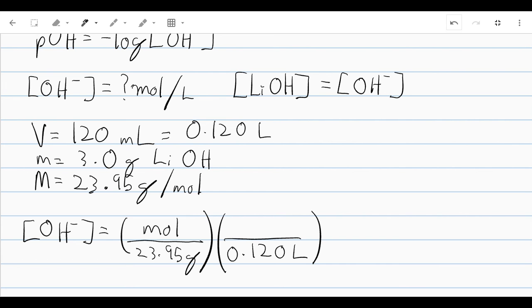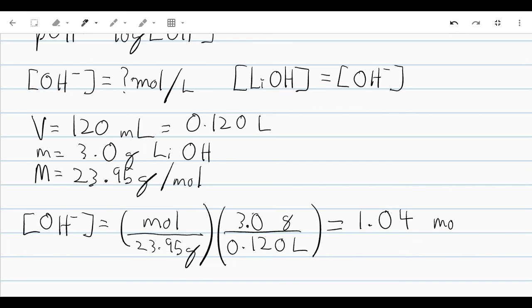And then I need to cancel out grams. I can put those grams up top because the grams I want to get rid of are on the bottom. This is going to give us a concentration of 1.04 moles per liter. And this is the concentration of both the lithium hydroxide and the hydroxide ions.